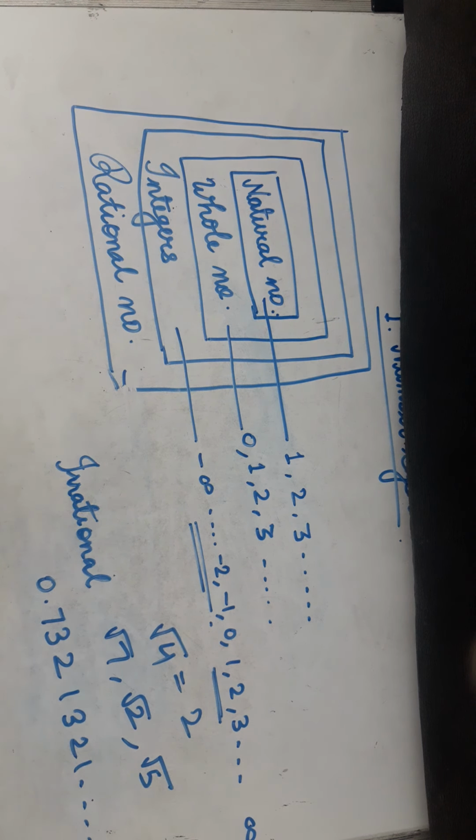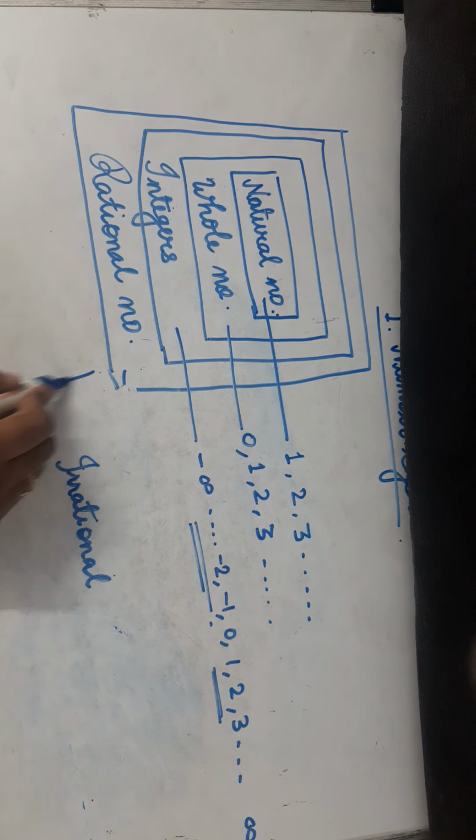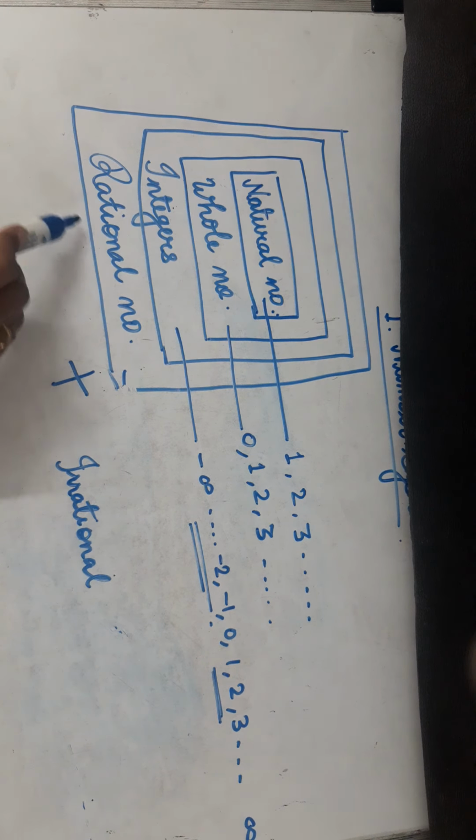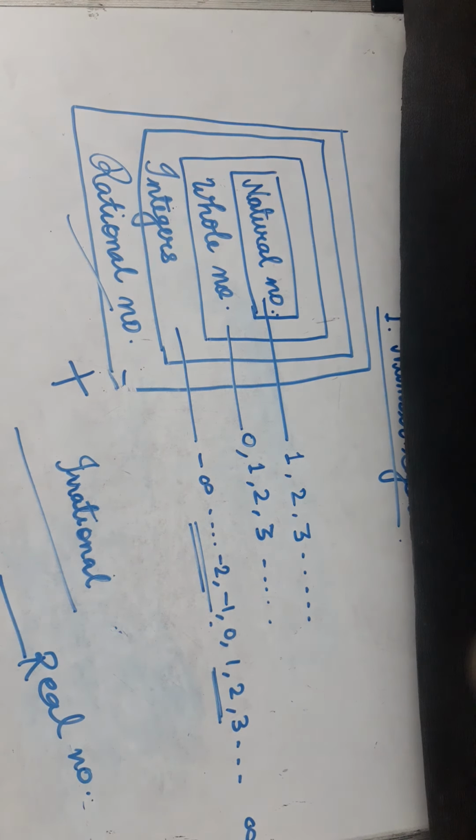So always check what is there inside the root. Okay, then the set of numbers rational plus irrational are called real numbers. A set of numbers rational and irrational forms real numbers.